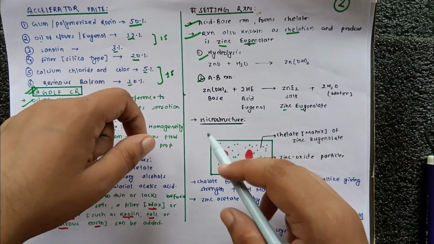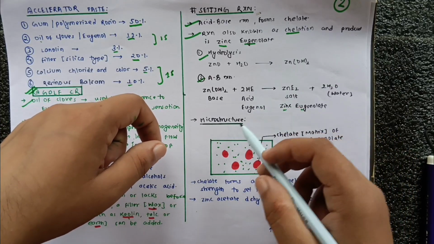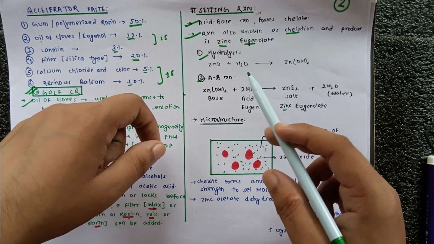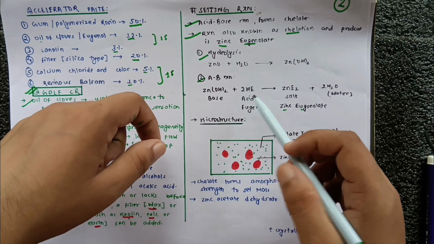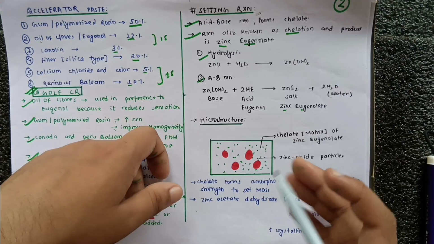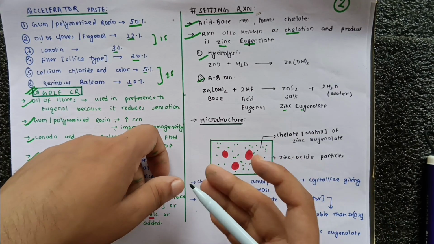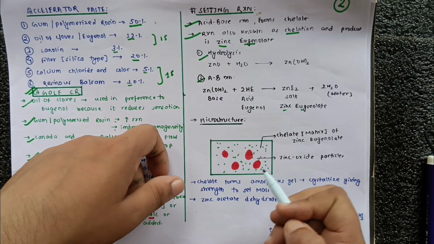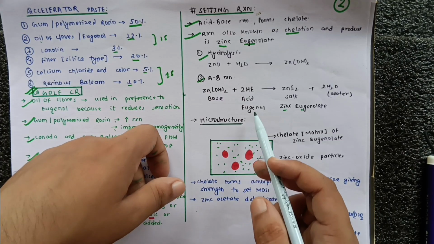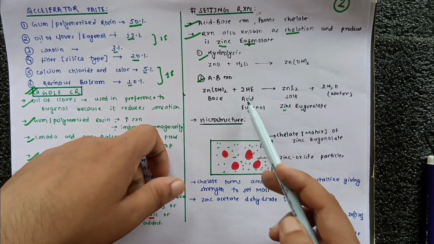Now we will discuss the microstructure after this setting reaction. The microstructure formed after setting is that there is zinc oxide particle. Zinc oxide was present in the base paste, and it reacts with water to form the hydroxide, which again reacts with the eugenol.